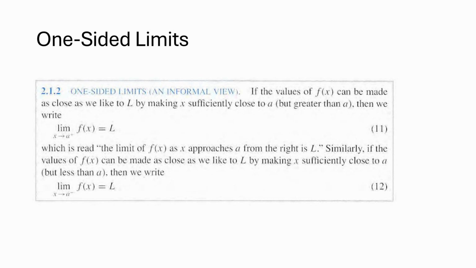So one-sided limits, basically what it means, as I mentioned earlier, is if the values of f of x can be made as close as we like to L by making x sufficiently close to a but greater than a, then we write limit as x goes to a plus of f of x equals L. So these values are all, if you set this value as a, these values are all a plus.